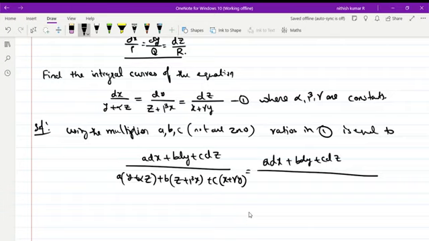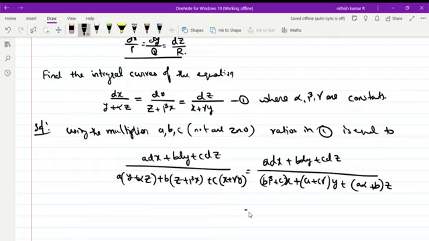Now combining the terms for x, we get x is here and x is here, so it is b beta plus c into x, plus terms containing y, that is a plus c gamma into y, plus terms containing z, that is a alpha plus b into z.